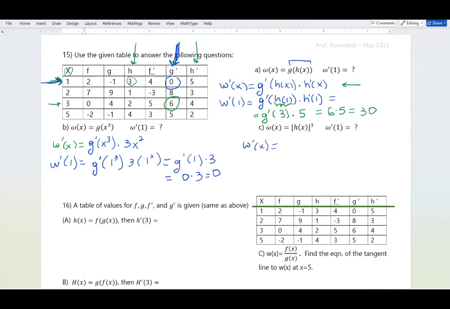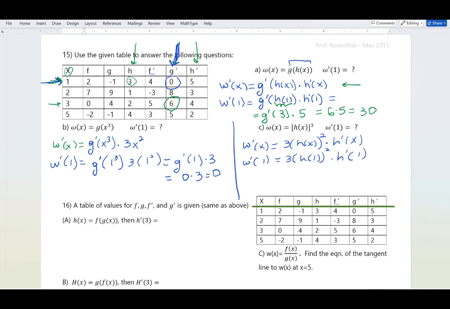So the derivative equals, since the power of 3 is on the outside of everything, I'm going to bring it down, leave h of x the same, to 1 less power of 2, times the derivative of the inside, so h prime of x. And we're supposed to do this at 1, so it's going to be 3 times h of 1 to the second times h prime of 1.